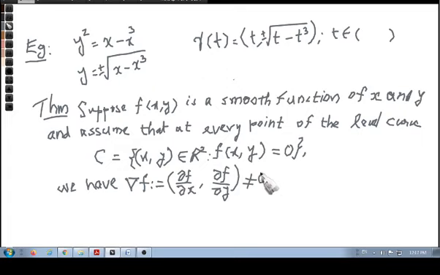This vector is non-zero. So what is the meaning of that? Either this is non-zero or this is non-zero at every point. Then there exists a regular parameterized curve.